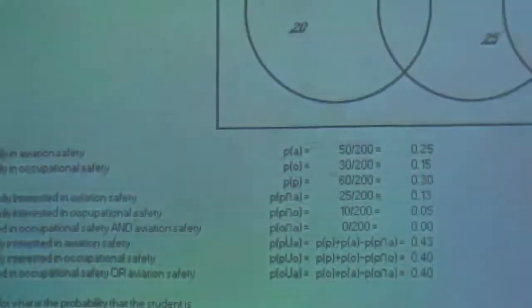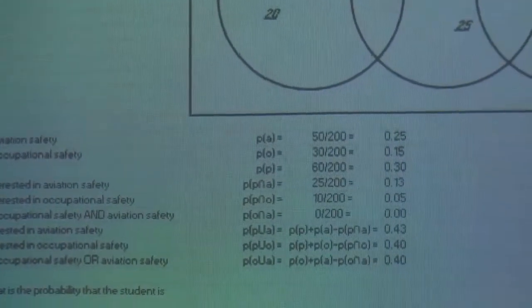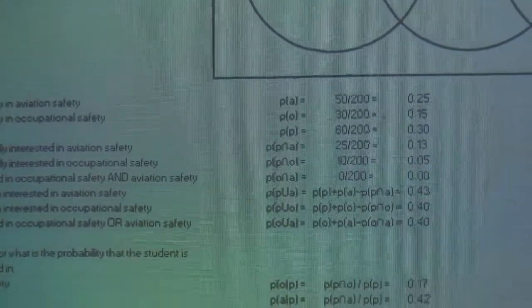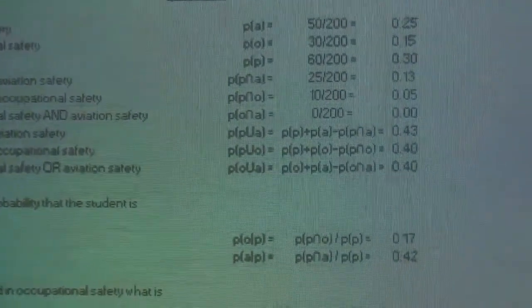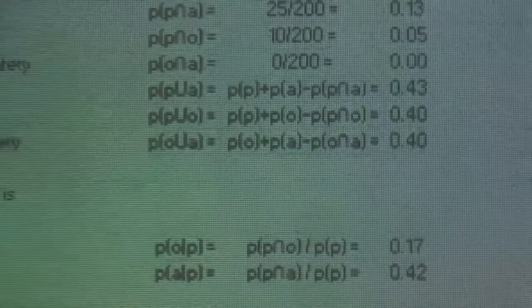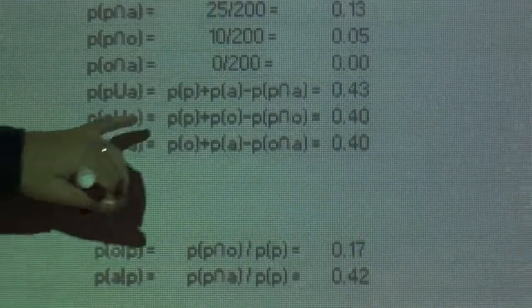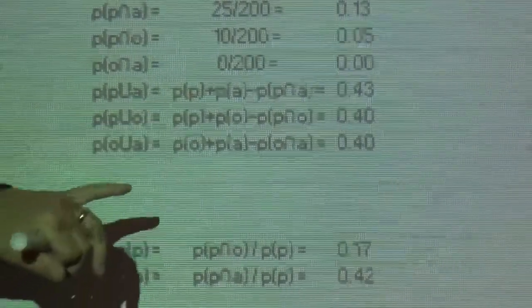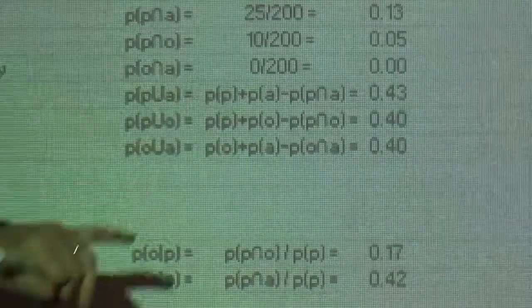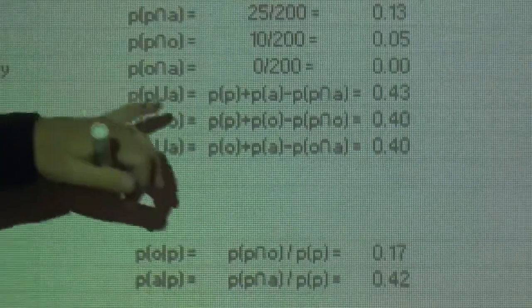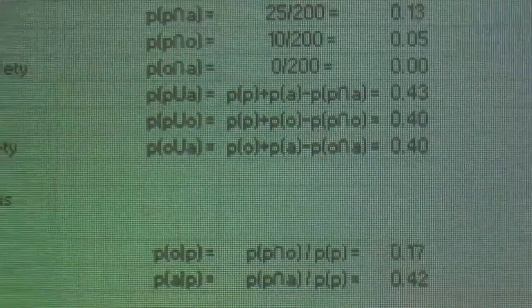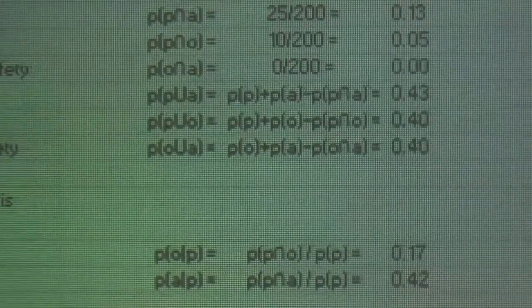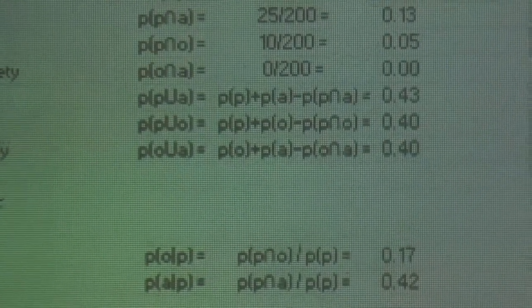And then we start getting into the unions, pilot or aviation. So you have to take the probability of being a pilot, which we already have, the probability of being in aviation, which we already have, and then the intersection. So that's why I asked you those in the order that I did. The intersection of pilot and aviation.